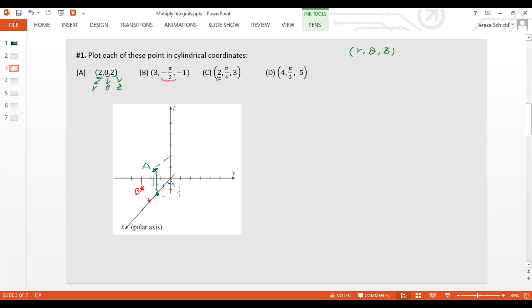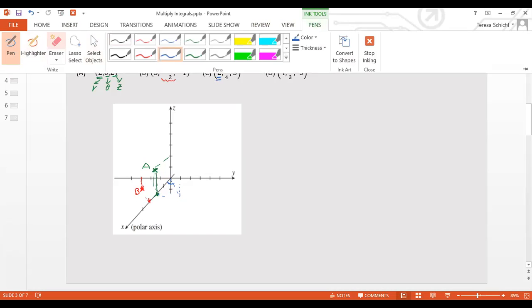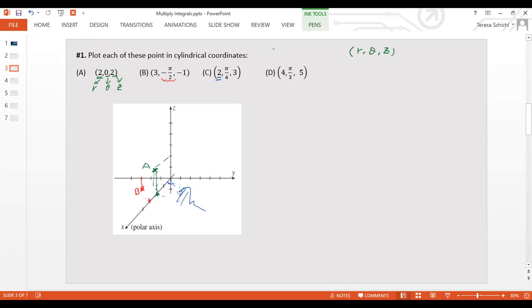Let's be careful here. Let me go ahead and get an eraser. Like we said, this is 2, so go up 3 from there. This is my C point.